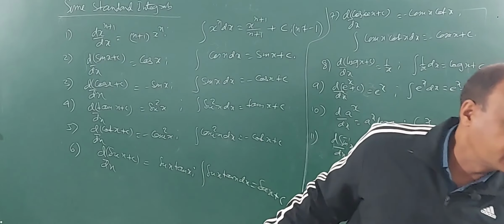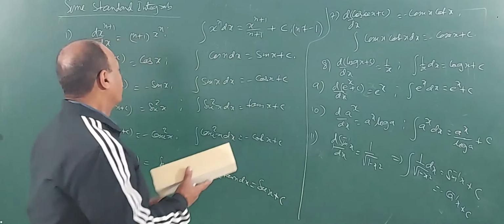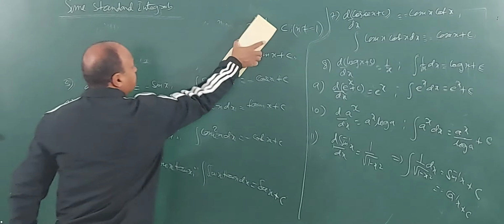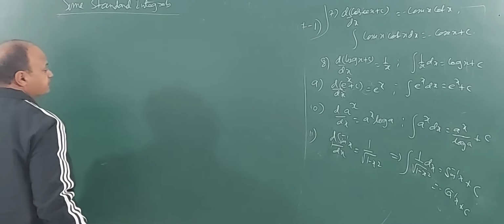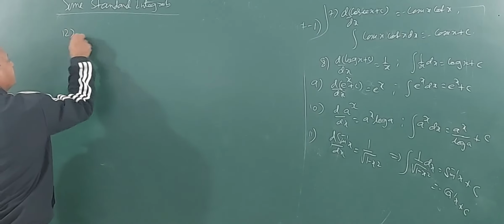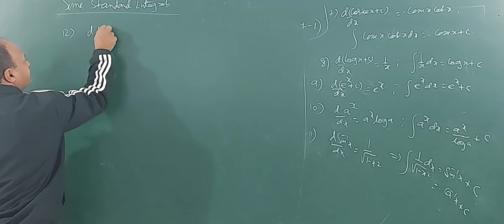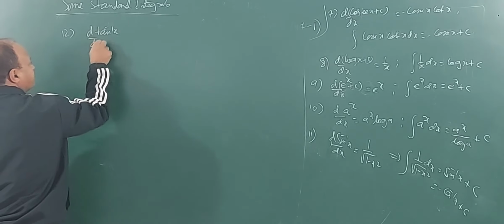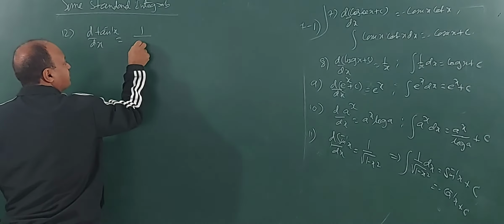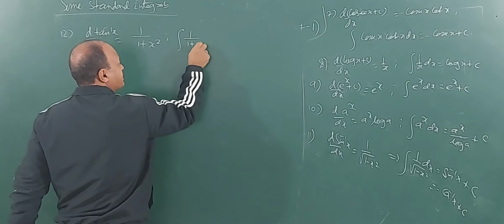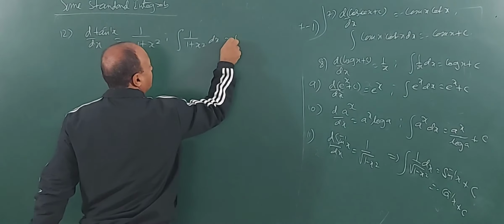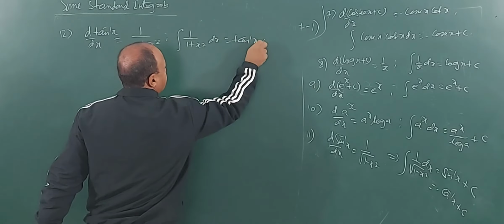Okay. Now let's see some more antiderivatives. Now similarly we have number 12, derivative of tan inverse x with respect to x is how much here? 1 upon 1 plus x square. So integration of 1 upon 1 plus x square with respect to x will be equal to tan inverse x plus c.